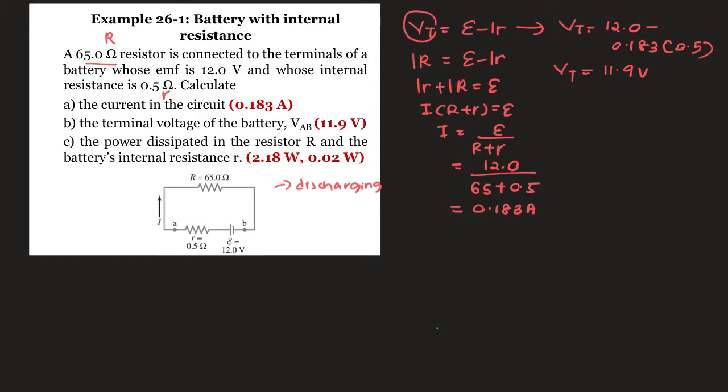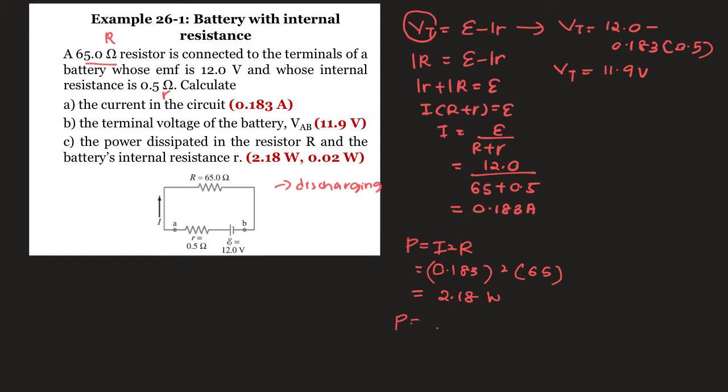So here we are going to use the formula related to the resistor: P equals I squared R. The current is 0.183 squared multiplied by the resistor, which is 65. So you are going to get your answer, 2.18 watt. This is the power dissipated at the external resistor.